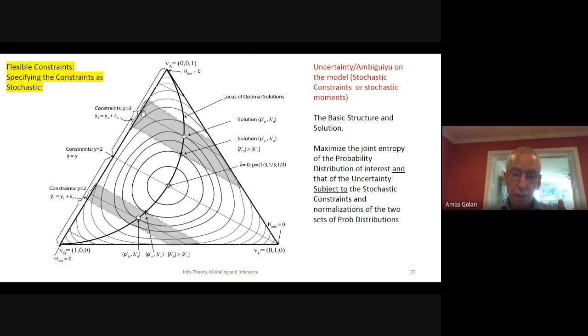If I didn't have any uncertainty, this would be the solution. But if I have uncertainty and only one constraint, then the solution will move to a higher level of uncertainty, closer to a uniform distribution. Uniform distribution in information theory is the maximum uncertainty.